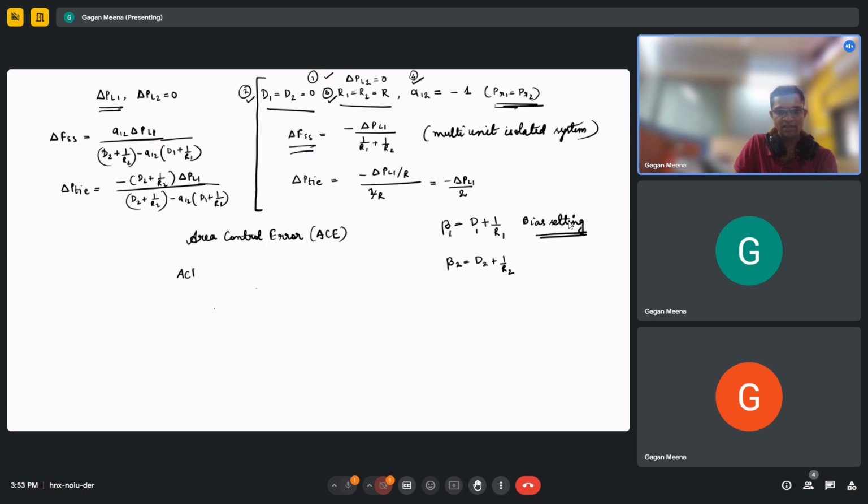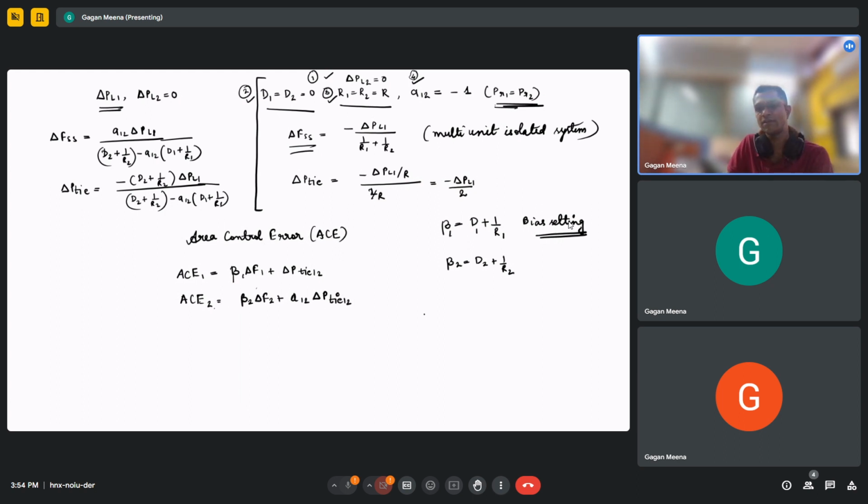You can say area control error in area 1 is equal to beta 1 into delta F1 plus delta P tie 1 2, and ACE2 is equal to beta 2 delta F2 plus A12 delta P tie 1 2.